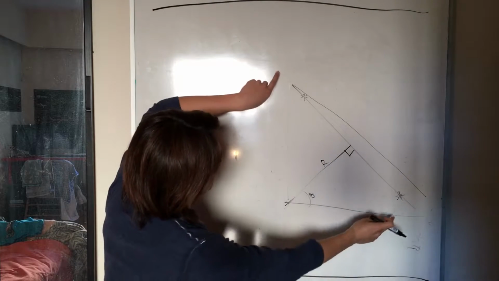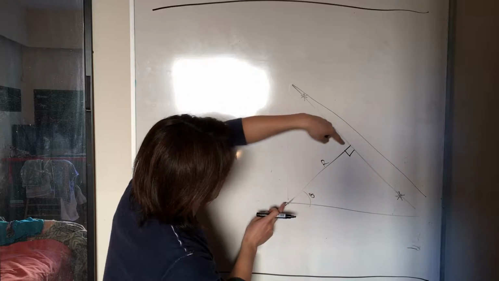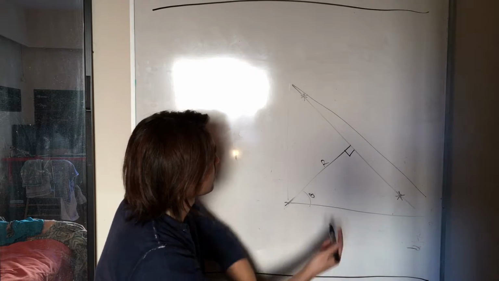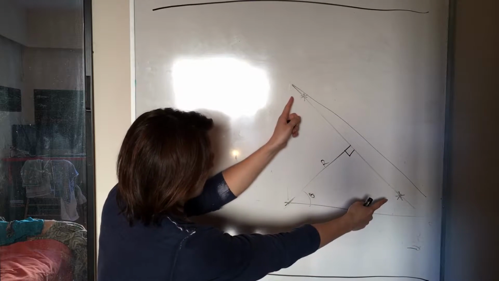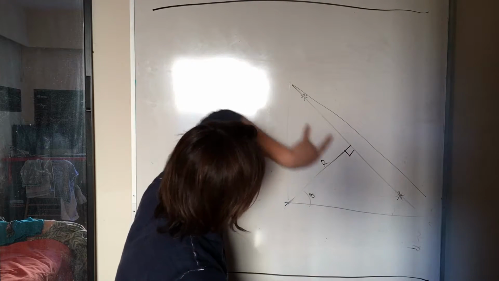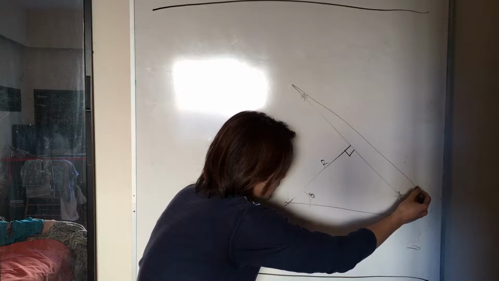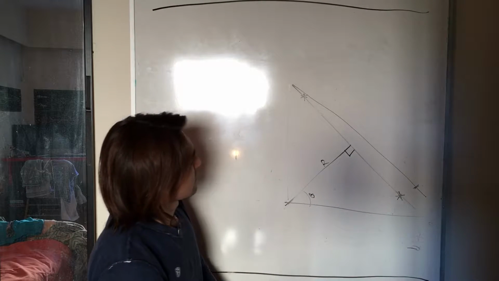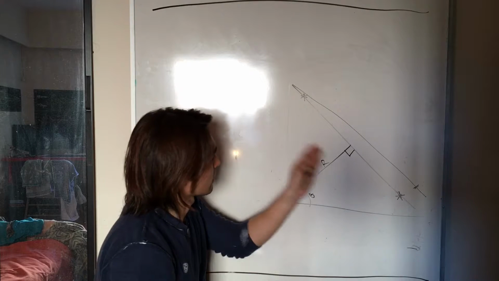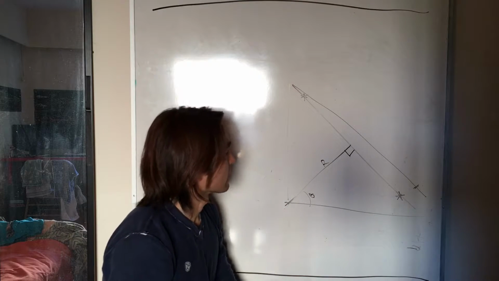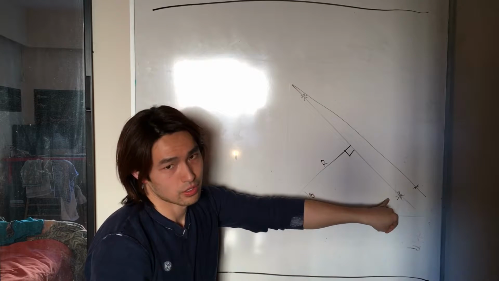And the longer the line, and the further away the line is from the origin, the greater the distance is. So if it gets here, the line transform will essentially tell you that the line is there as opposed to here.